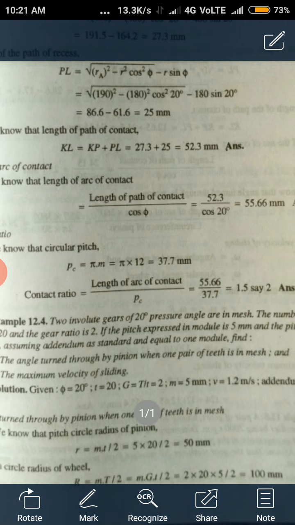So we have different formulae to calculate the angle turned by the pinion, the angle turned by the wheel, and the maximum velocity of sliding. We have three types of velocity of sliding. One is during engagement of the gears, where the sliding velocity is always maximum.